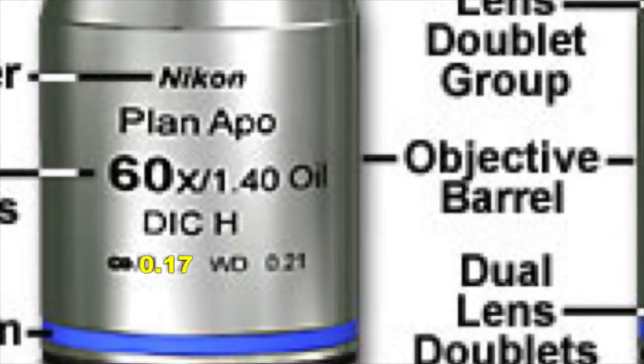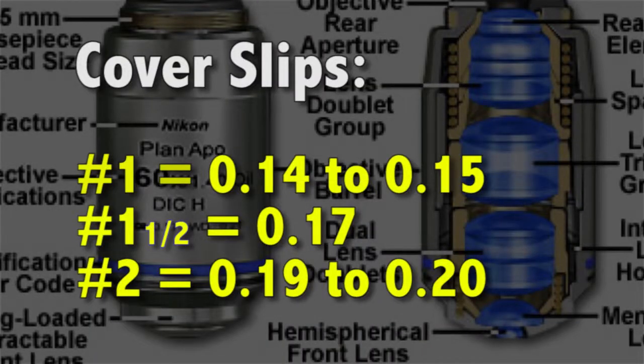How do those numbers relate to the number that's painted onto the barrel of my objective? Well, a number 1 cover slip is about a 0.14 to 0.15 millimeter thickness. A 1.5 cover slip is a 0.17. A number 2 cover slip is a 0.19 or a 0.20.